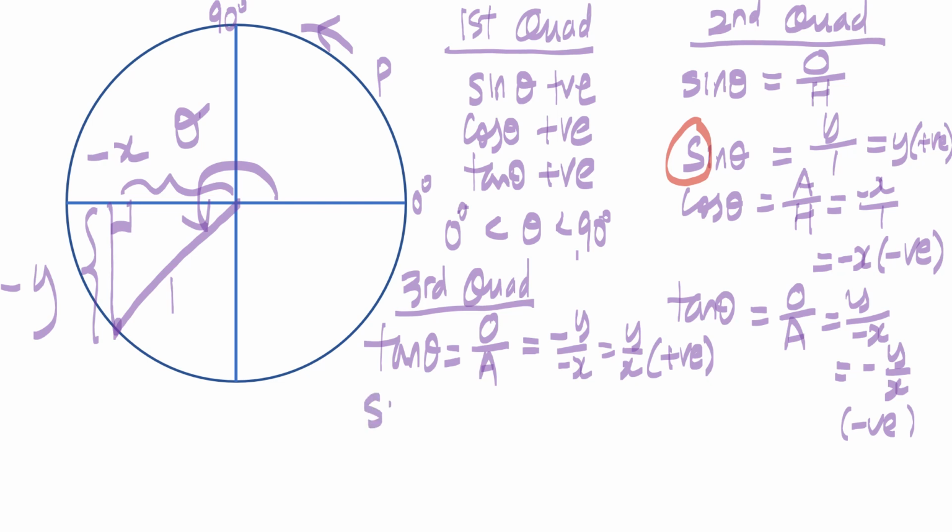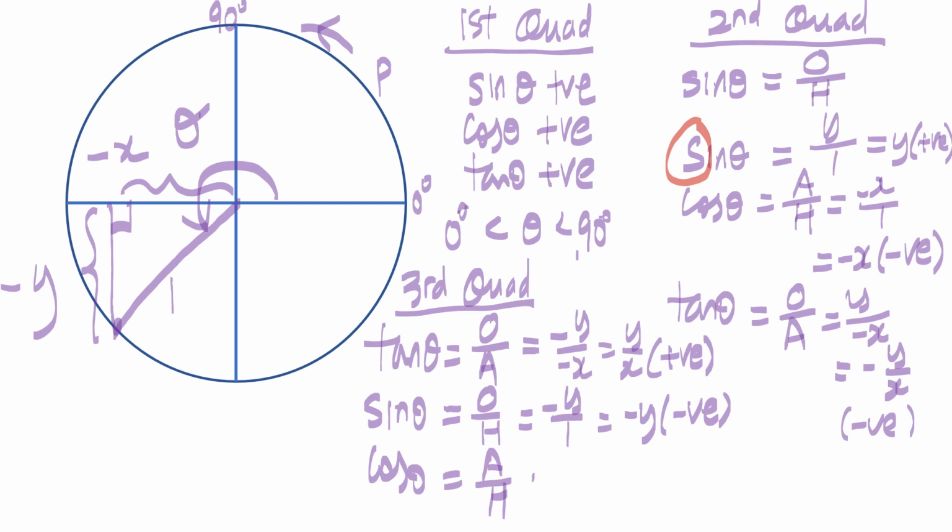And then sine theta will be O over h, which is negative y over 1. So negative y is a negative value. Cosine theta will be A over h, which is negative x over 1, which gives you negative x, a negative value.